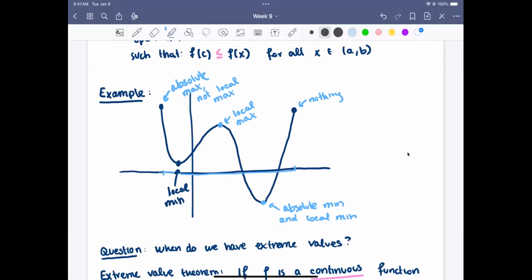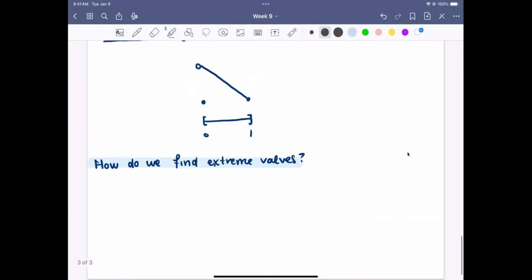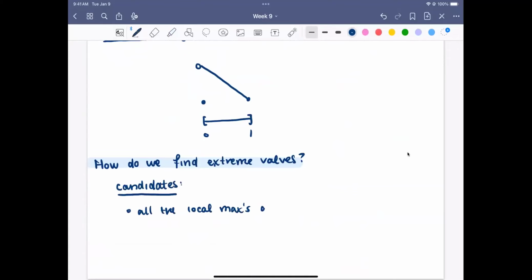So these are our candidates for the extreme values: all the local maxes and mins, and then also the endpoints. Basically how you find extreme values is that you round up all of your candidates and then look among those to see which one actually has the largest value or the smallest value.